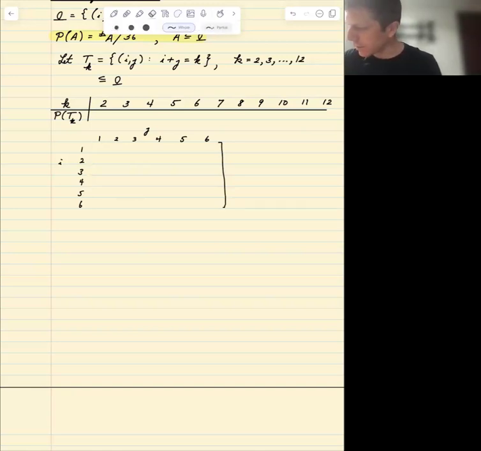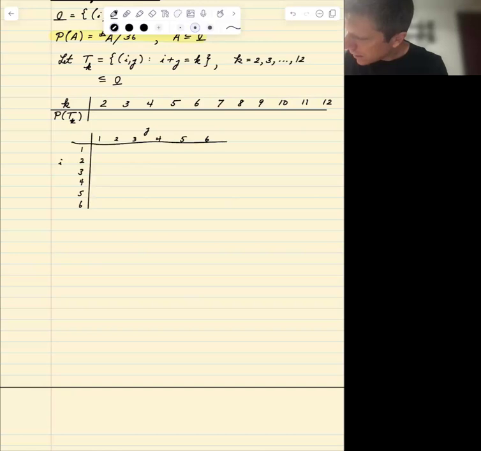Why I have to make it a matrix. Let's do this. It's very tedious, but that's just the way it is. So let's put the sum. 1 plus 1 is 2. 1 plus 2 is 3. 1 plus 3 is 4, etc. So I trust everybody here can do this. I'm going to fill it out. 2 plus 2 is 4. 2 plus 3 is 5, etc.